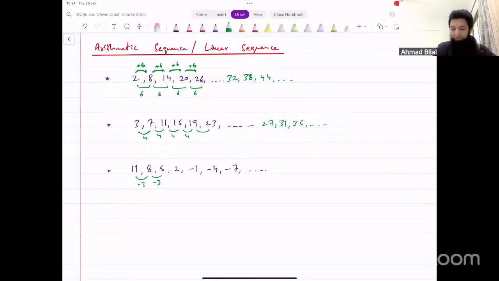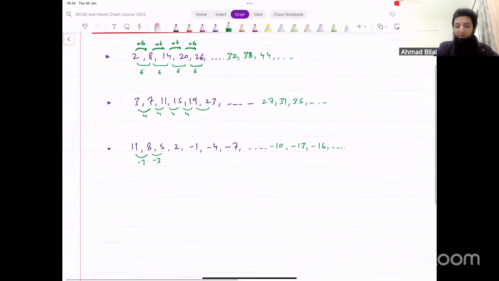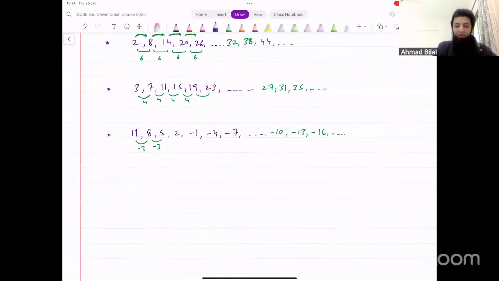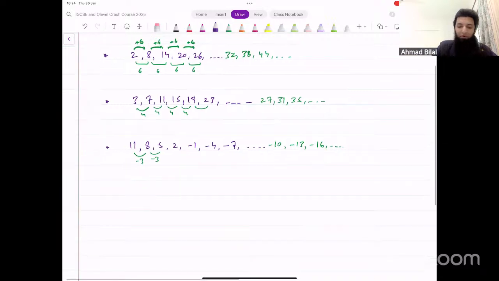So the next terms could be -7, -3, that's -10, and then -13, -16, and so on. This is how we could write down the next few terms of the sequence. That's one thing that you have to do. Then you should be able to write down the nth term of any sequence, right? So for all of these sequences, you should be able to write down their nth term.